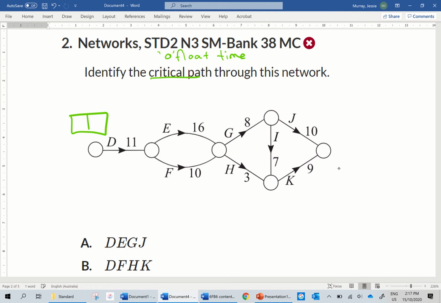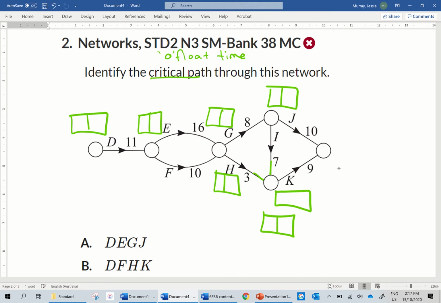So we drew rectangles for however many immediate predecessors they had. So basically, if it has two arrows coming in, I need two rectangles. And for the final one, you can usually get away with one, but I'll do two. So two arrows coming in, two.